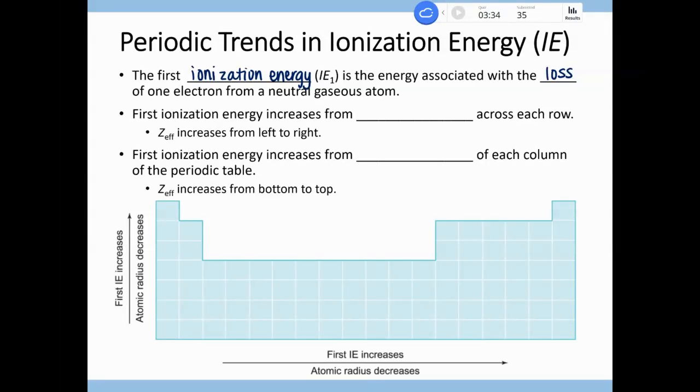So we have a neutral atom. We measure this when they are in gaseous form. We remove 1 electron to make it a positive cation, positive 1 charge. That's our first ionization energy. We could remove additional electrons and have a +2 charge, +3 charge. But if we're just talking about the first ionization energy, we can follow this general trend here.